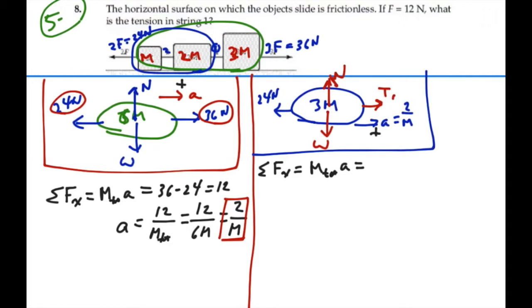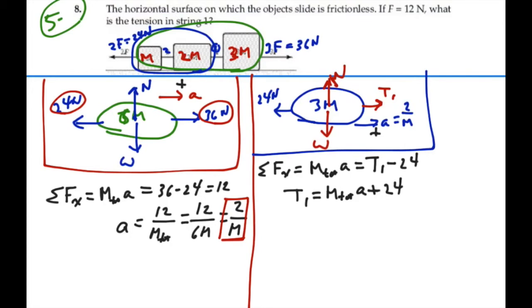Assuming our positive direction is to the right, our forces added together will be T1 minus 24. Solving for T1, T1 is equal to our total mass times the acceleration plus 24.